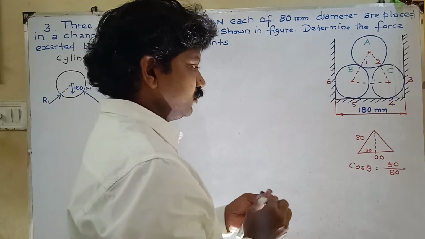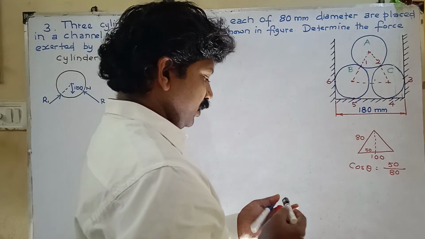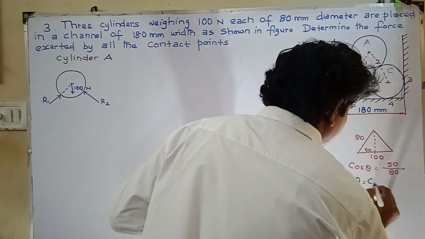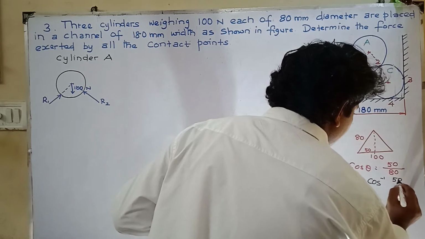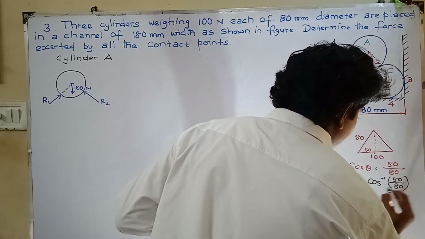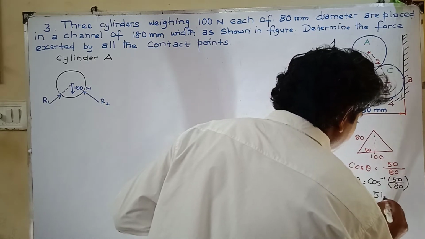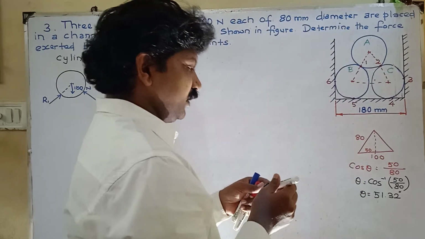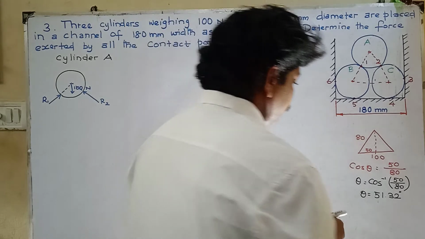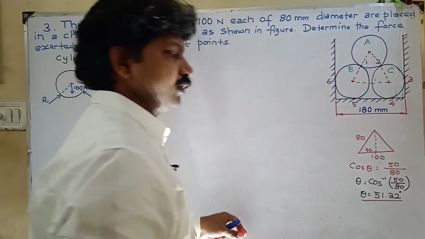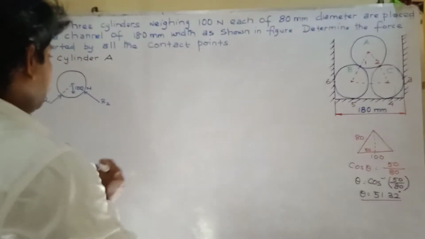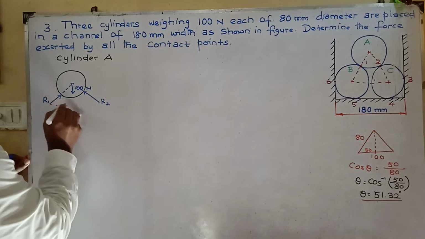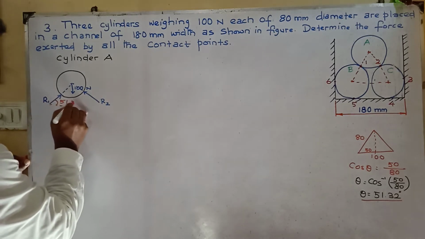From that, theta equals 51.32 degrees. So R1 and R2 are inclined at 51.32 degrees with the horizontal.